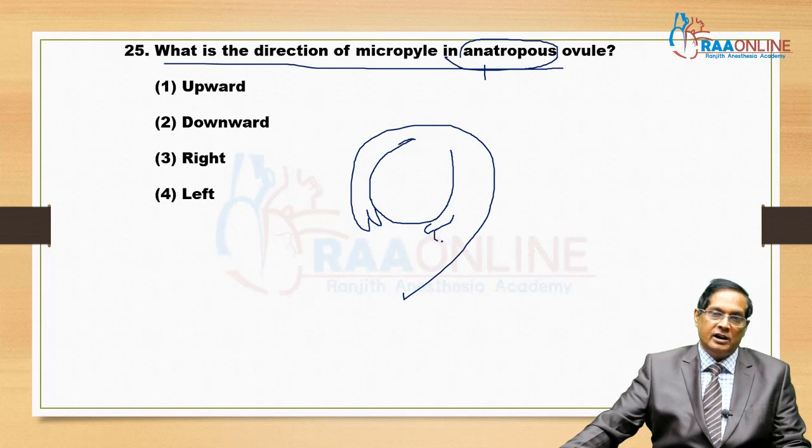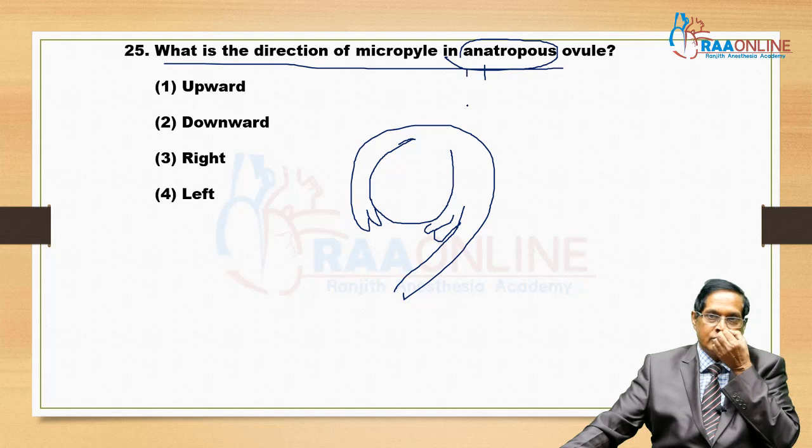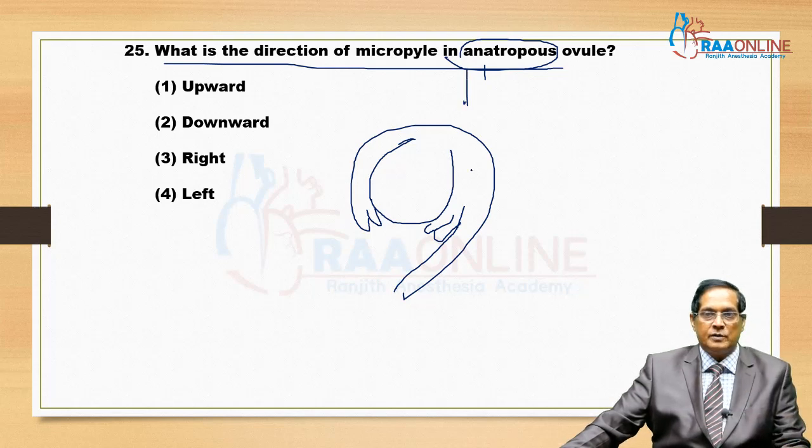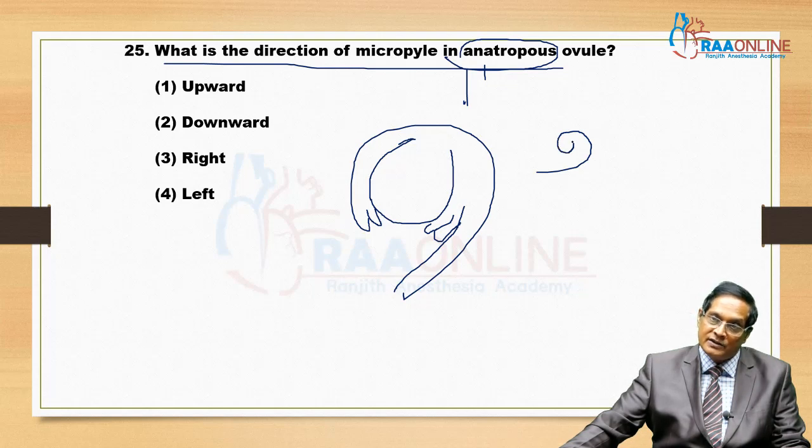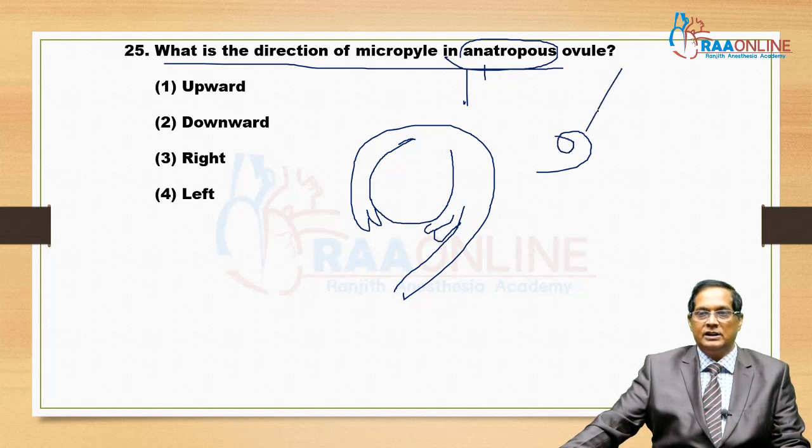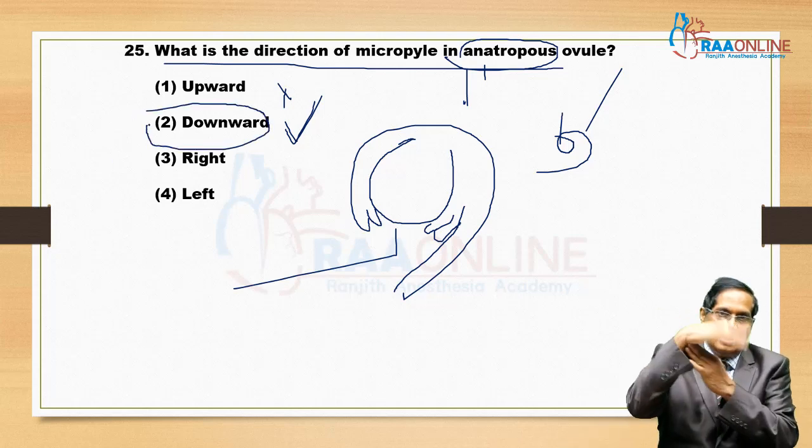The body of ovule is bent over the funicle. This is the funicle and this is the ovular body. This is the micropyle. It is not upward, it is downward. So the answer is 2.